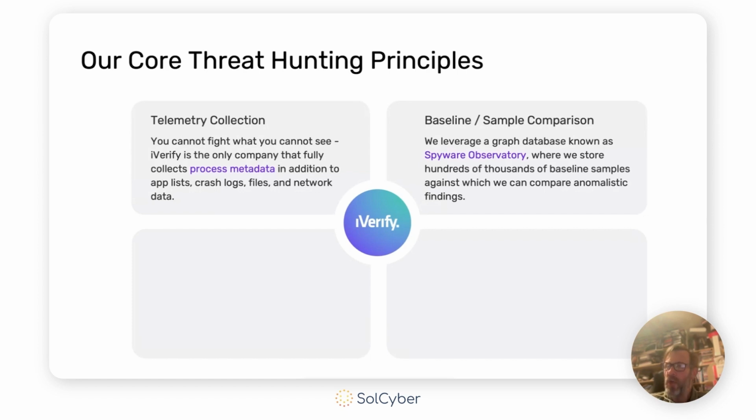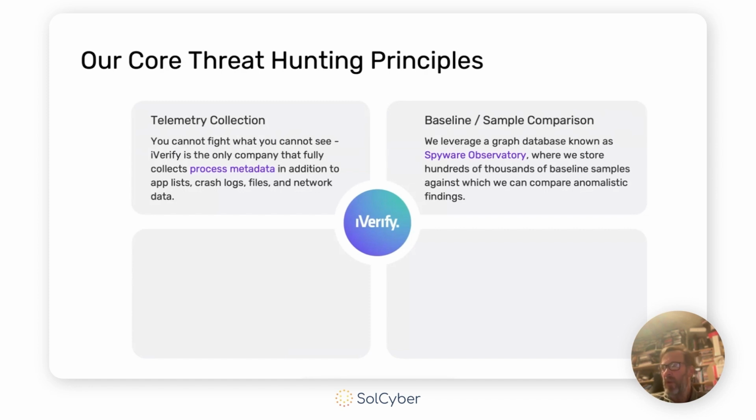But we know what is known good. So if we know that this file or this process always runs sandboxed with a PID of 501 or something like that, we know it's sandboxed and it's running properly. That's great. If we suddenly see that same process running unsandboxed with a PID of 0 and it's now running at root, we know that's a problem.